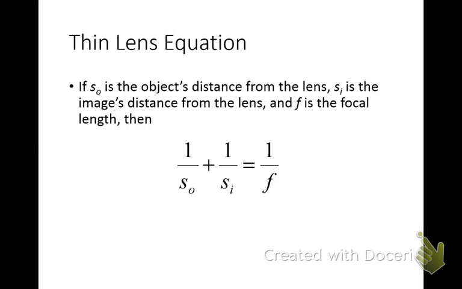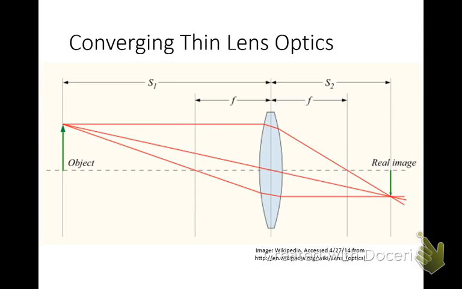You'll also need to know the ray diagram for a thin converging lens, particularly just these 3 principal rays. When you draw your thin converging lens, you've got what's called the principal axis. It passes right through the center of the lens, perpendicular to its surface.